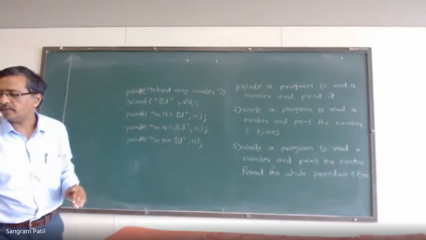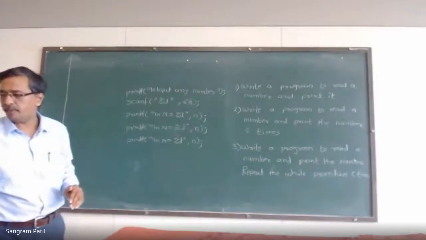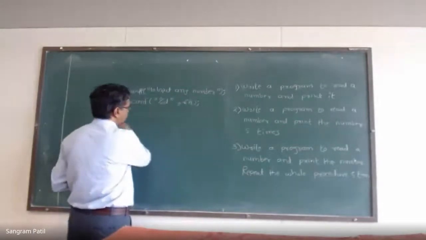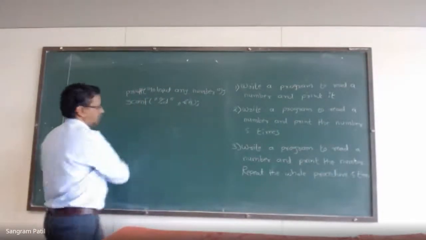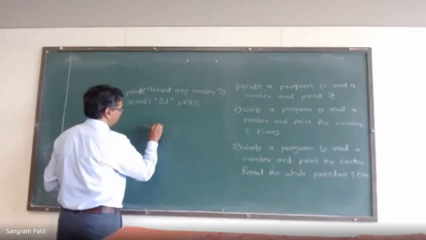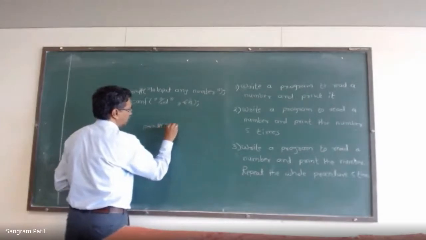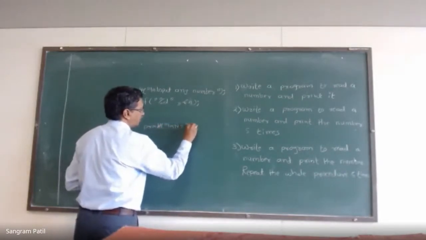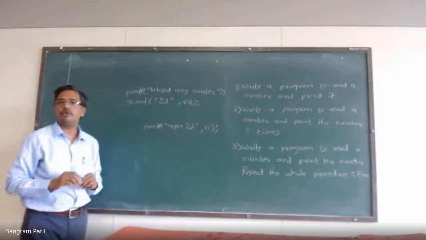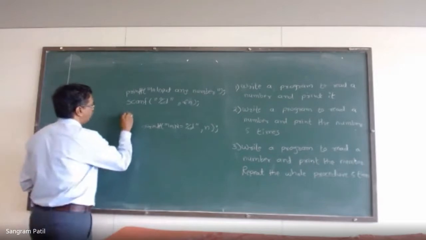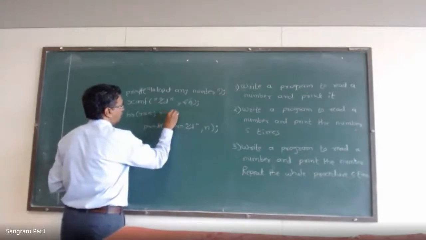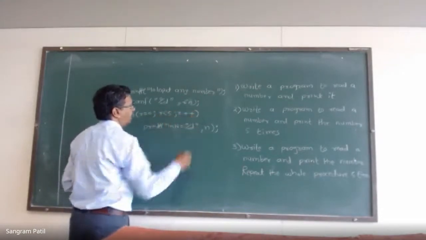If the same part of the program is repeating again and again continuously, then instead of using this printf statement again and again, we want to repeat it 5 times, so we put here for r equal to 0, r is less than 5, r plus plus.